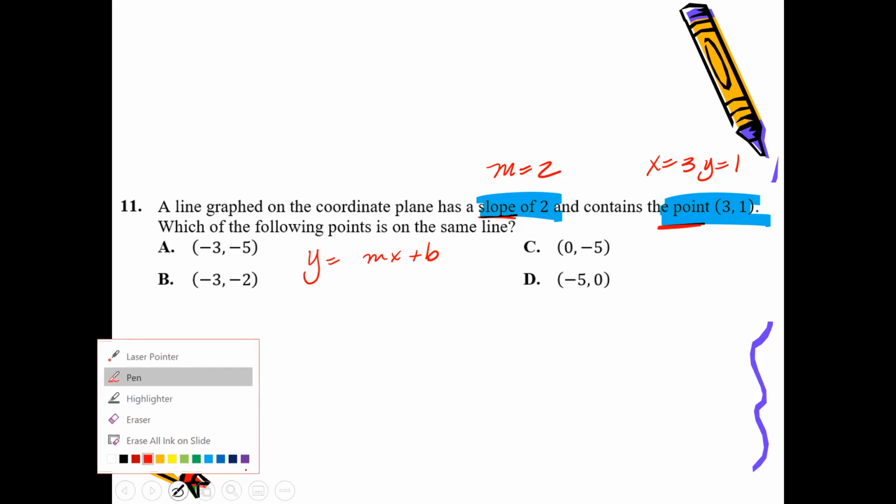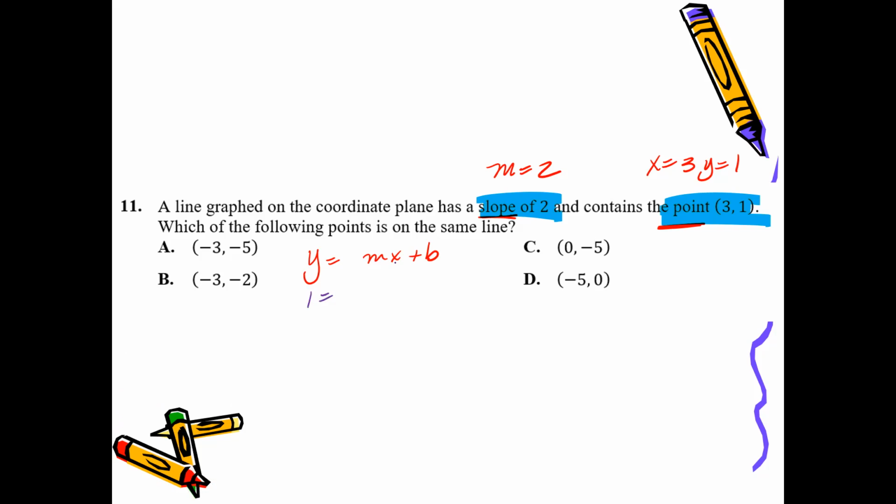Okay, so then let's plug those numbers in. So y is 1, slope is 2, x is 3, plus b. B is what I'm trying to find. 2 times 3 is 6. So if I subtract 6 on both sides, 1 minus 6 is -5.